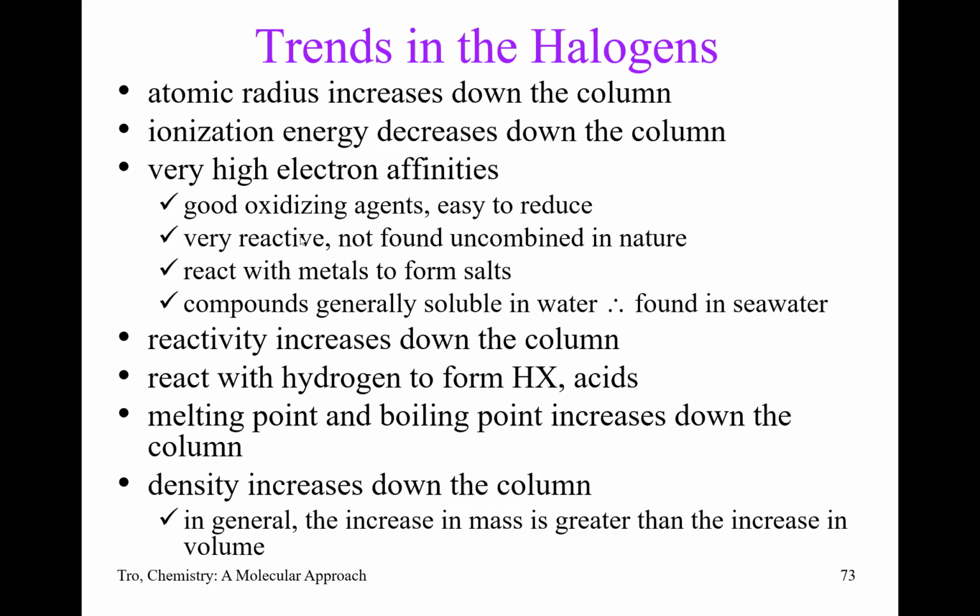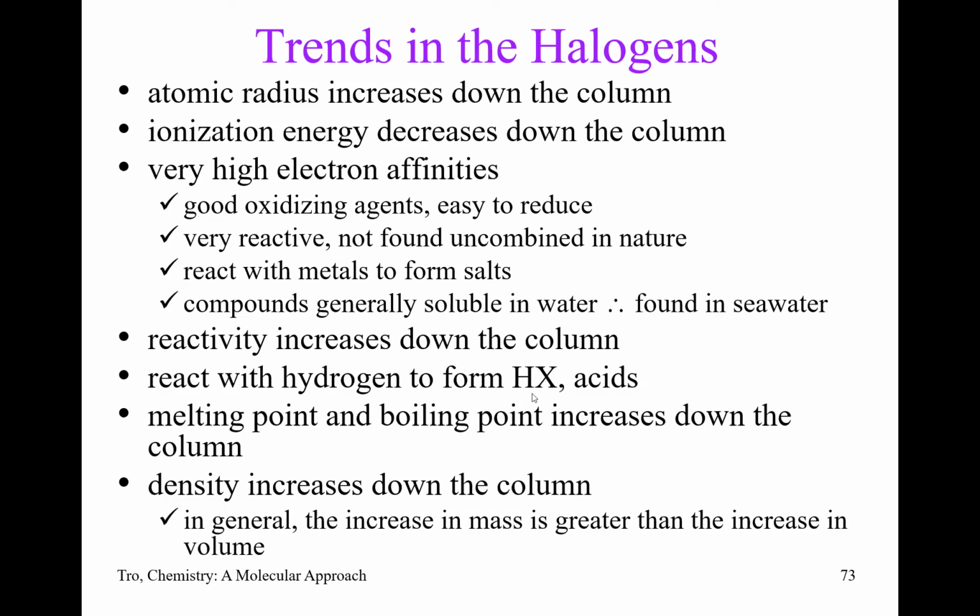Again, just like those group 1 metals, you don't find these by themselves. You don't find chlorine gas in nature. It's too reactive, just like you don't find lithium or sodium metal, right? Table salt is in the ocean, sodium chloride. You find these as salts either in the water or as salts mined out of the earth.